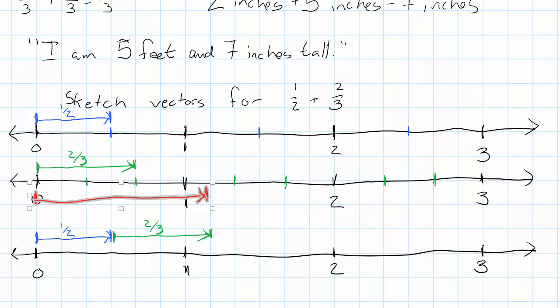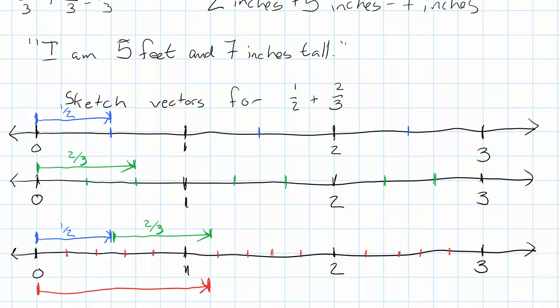My result is not a number of thirds. Maybe I might think, well, I'm adding, right? 2 plus 3 is 5. What happens if I split my units into 5 equal parts? That doesn't quite do it either. My result is not a number of fifths either.